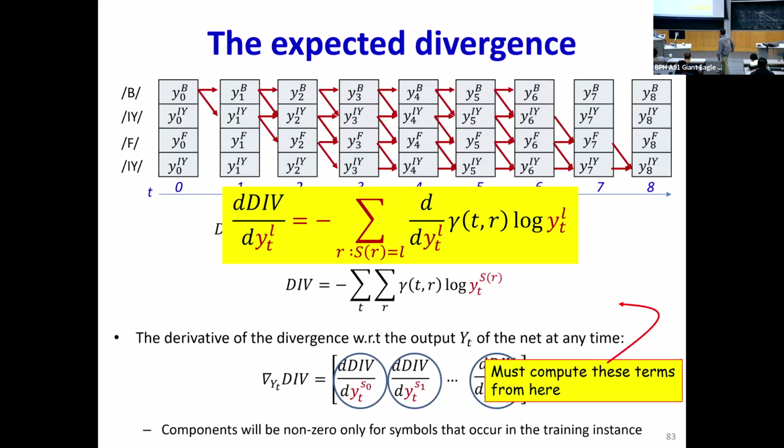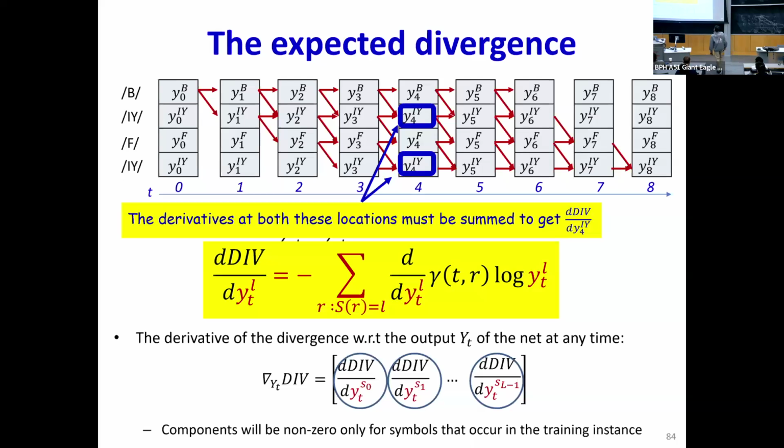And so I'm going to have to sum the derivative of the product of gamma and log y at the second row and the fourth row with respect to y. Is that making sense? Right, and so now that reduces to computing this term. So here, for E, I'd be summing the derivative of this term at those two nodes. Now, what is the derivative of gamma log y with respect to y?